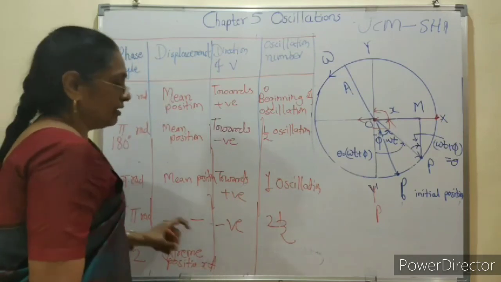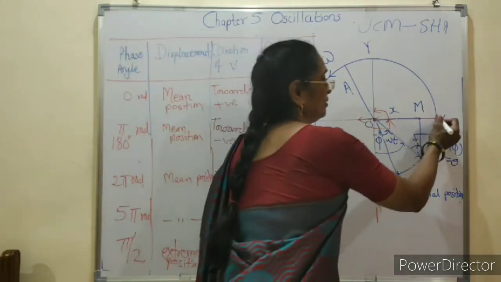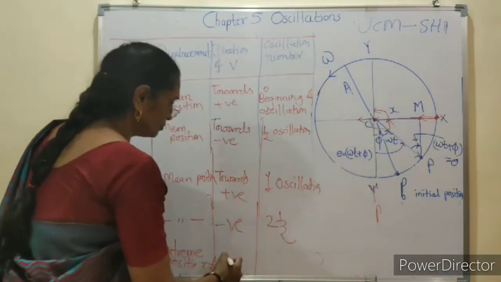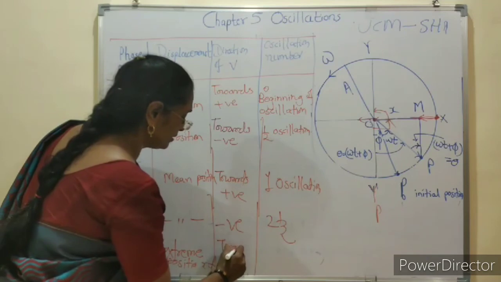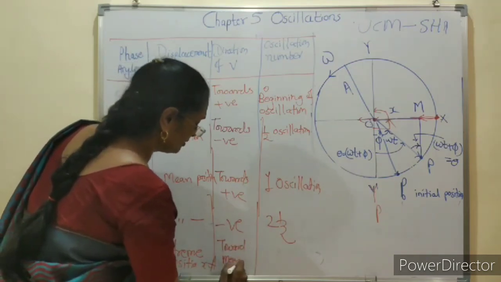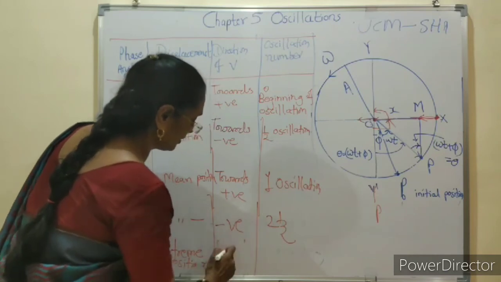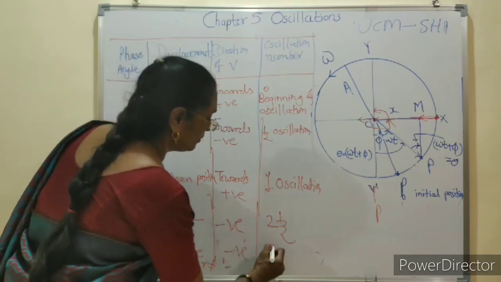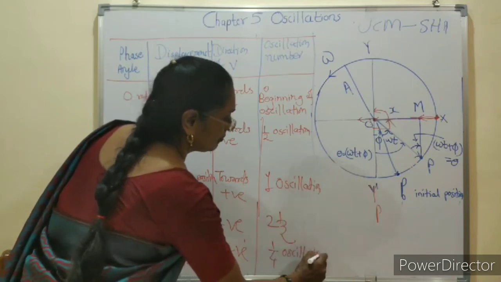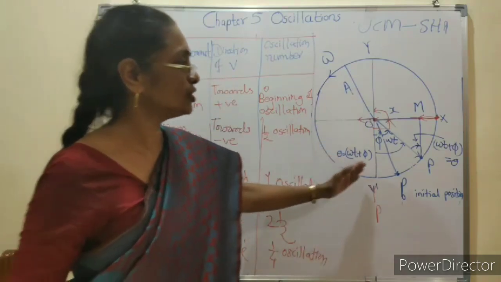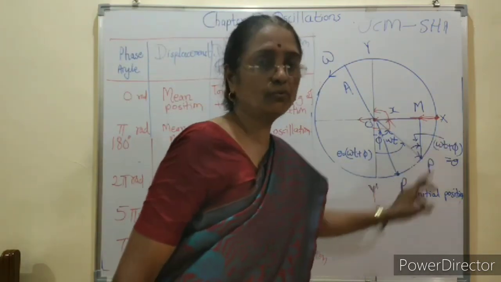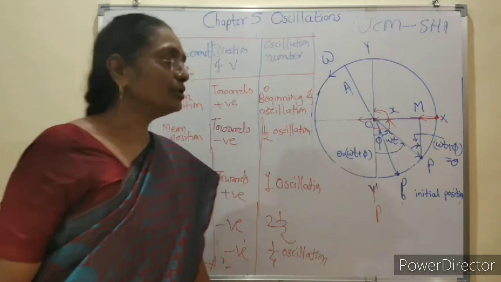Direction of velocity, here it is returning towards the mean position. We can describe it as towards mean position, or it is negative. For velocity it can be taken as negative, and only 1/4 oscillation is completed. One complete half oscillation is not completed here.